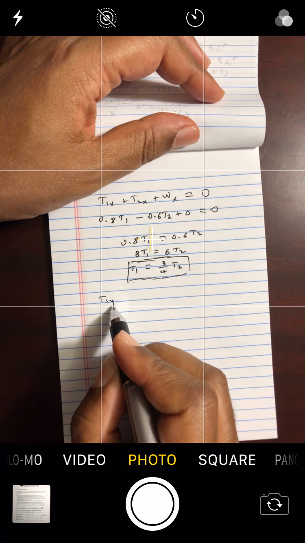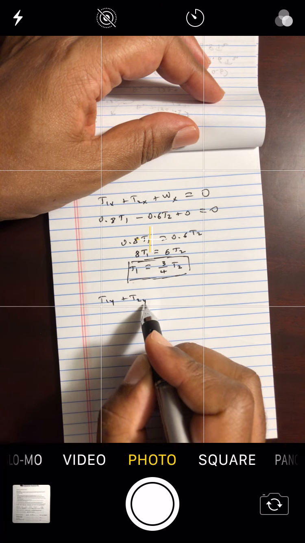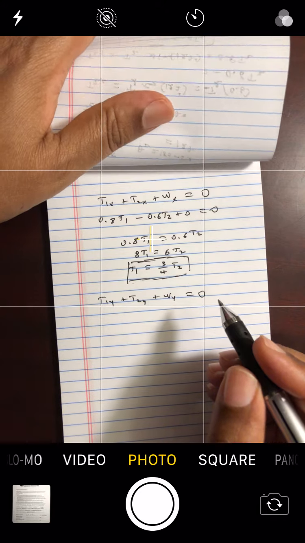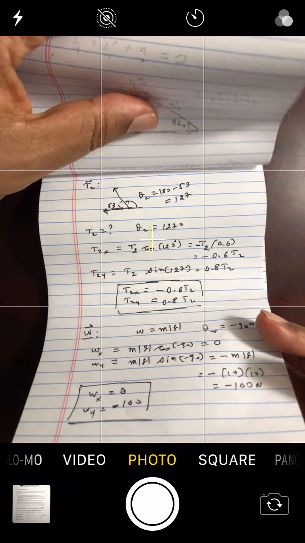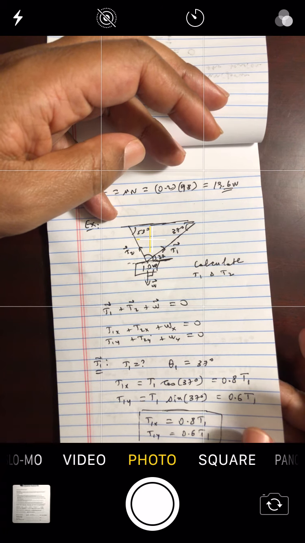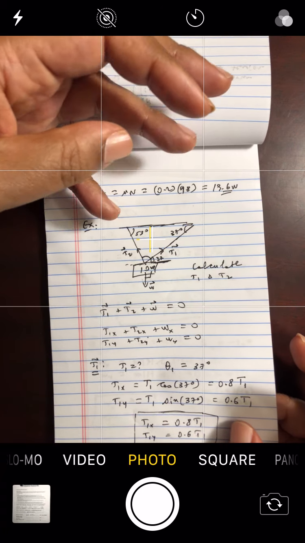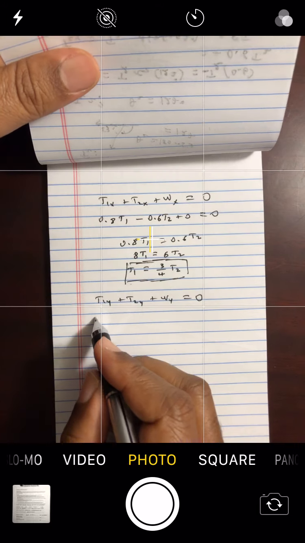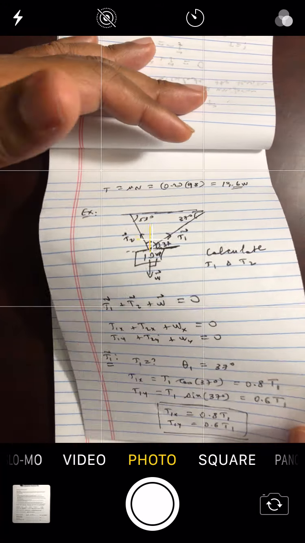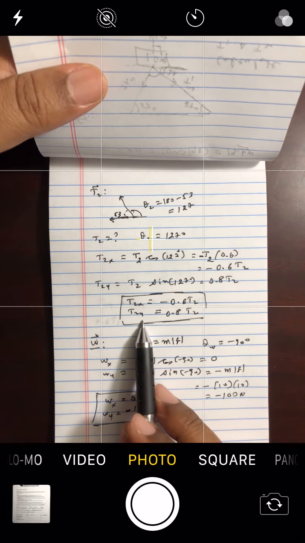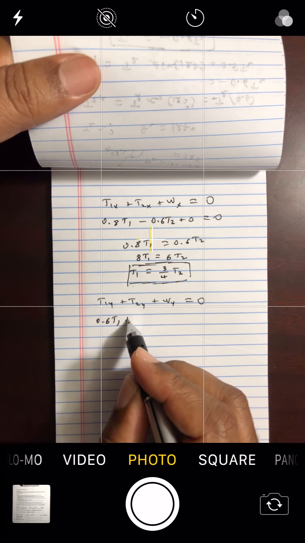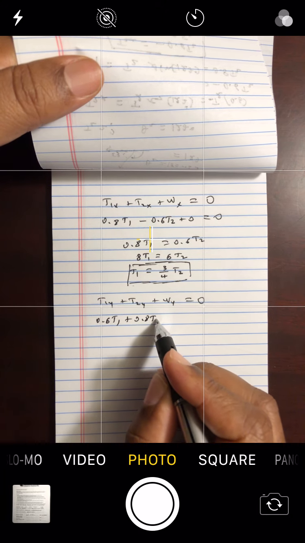That is T1y plus T2y plus Wy equals 0. So what is T1y? T1y is here, 0.6 T1. How about T2y? T2y is right over here, 0.8 T2, so you've got plus 0.8 T2.